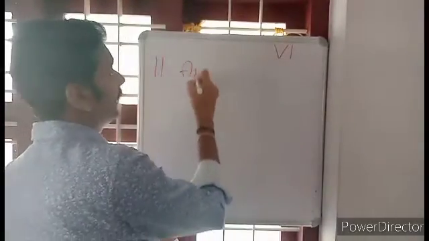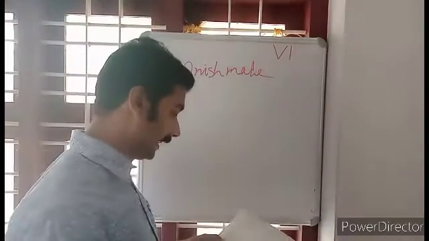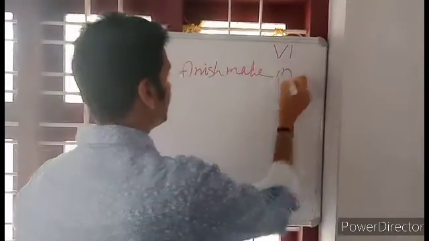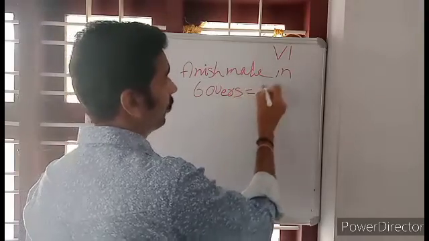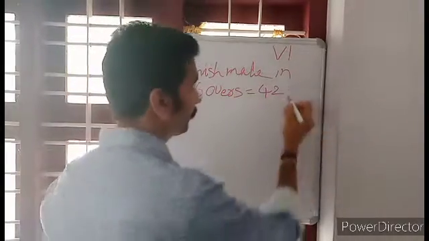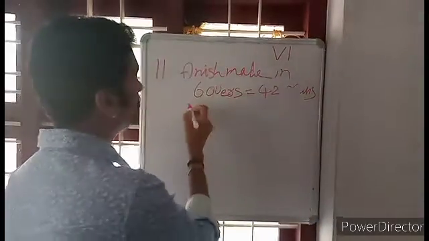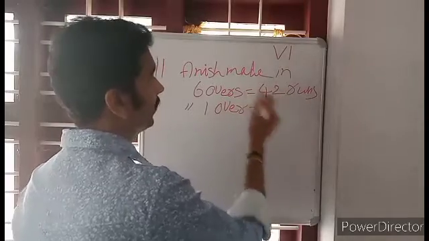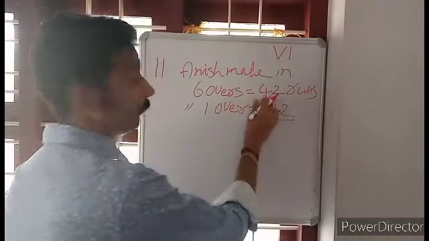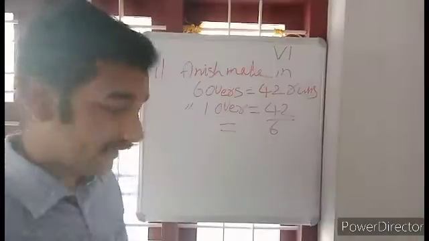Anish made in 6 overs 42 runs. Then Anish made in 1 over 42 divided by 6, which is 7.